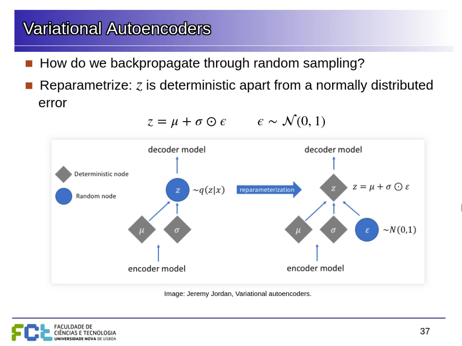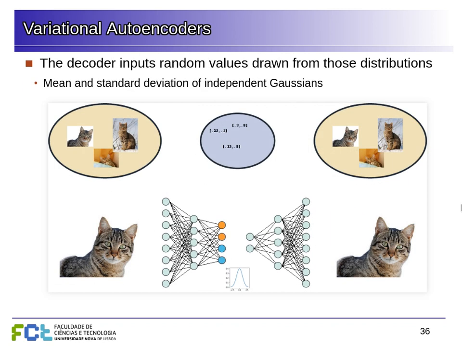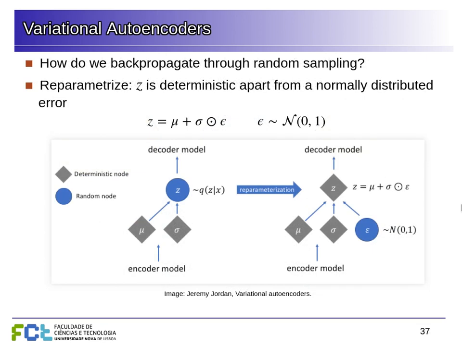But we can change this. Let's suppose that the z value is just the mean plus the standard deviation multiplied by some constant, and this constant is drawn at random from a normal distribution.